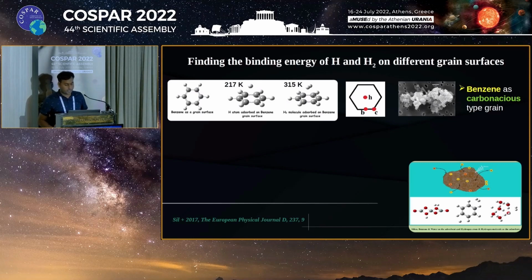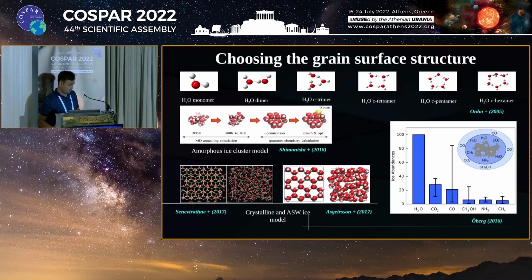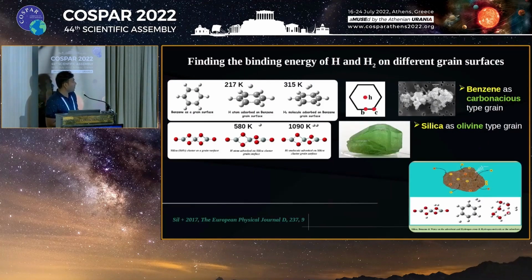To mimic graphite, we use benzene, and for benzene we get a hydrogen binding energy of 217 Kelvin and an H2 binding energy of 315 Kelvin. For silica we get 580 Kelvin for the hydrogen atom and 1090 Kelvin for the H2 molecule.